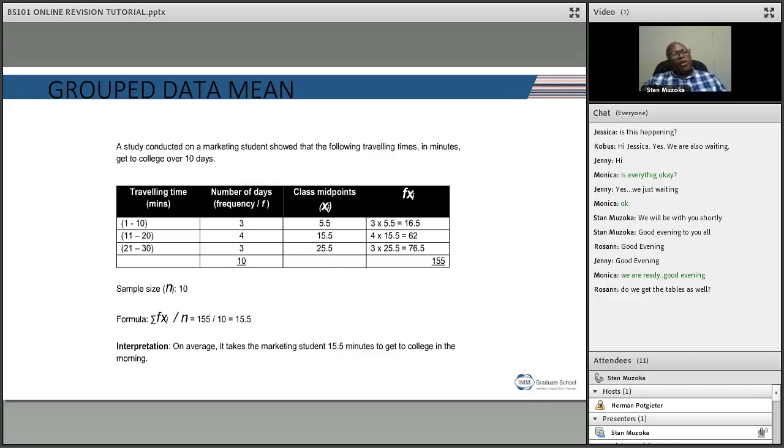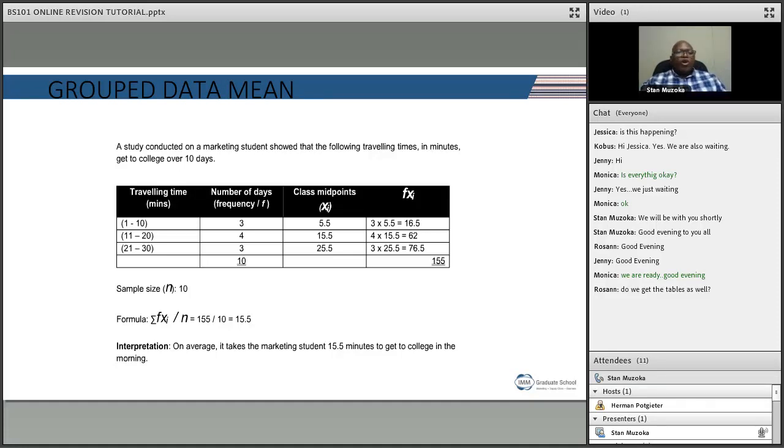And 11 to 20 is in 4 of the days, and 21 to 30 is in 3 of the days. So that is your frequency, the number of days which students take to travel to college within the classes or the groupings of traveling time.